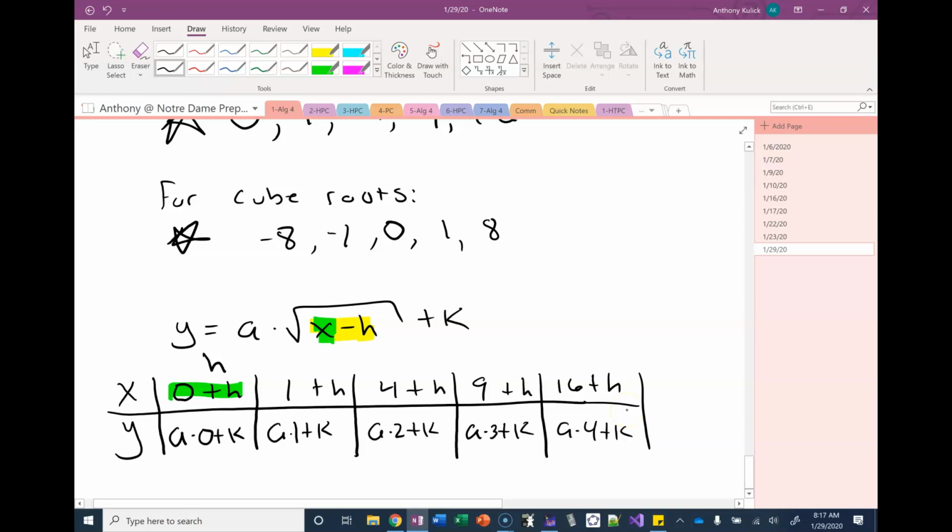And then we can find the y coordinates. You could plug in the values for x, or you can just use this shortcut. What are these numbers 0, 1, 2, 3, and 4 coming from?